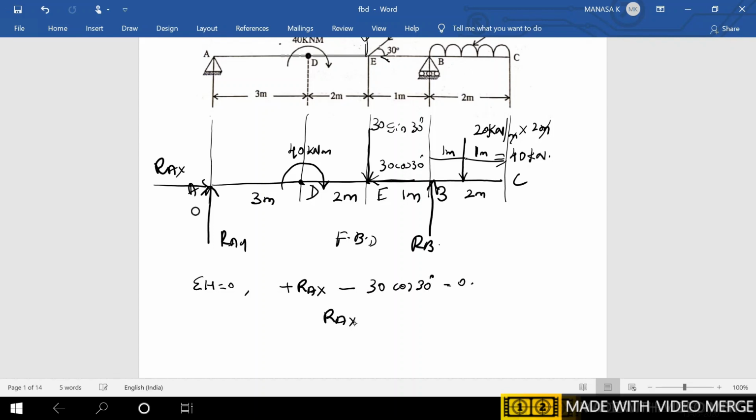So RAX is a positive value, so the assumption we have taken is correct. So it is 25.98 kilonewton, or else you can take it as approximately equal to 26 kilonewton.